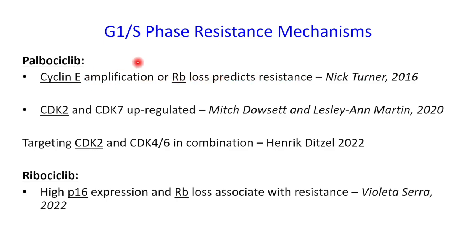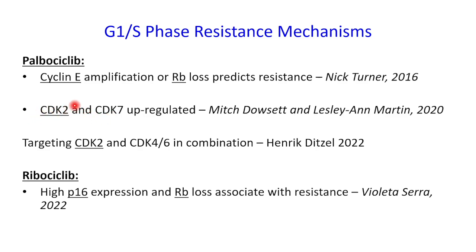So firstly, many of the first papers that came out, particularly this early one from Nick Turner, pointed out that one of the major points of resistance are the amplification of other G1 cyclins or the loss of RB. So if you lose the RB that's normally phosphorylated, then obviously you're losing the mechanism of action of the CDK4/6 inhibition.